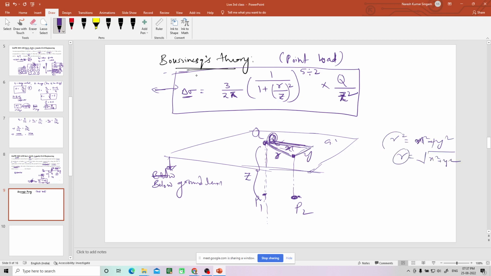Or else if you are directly given R value, you can directly use this R. So from here this is R, this is X, this is Y. So the direct, minimum, horizontal distance between the vertical line through the application of the load and the point. So you know the R now, you know Z, the depth, and Q is the load which is applied. So this is how you will find out the increment in the stress, right?